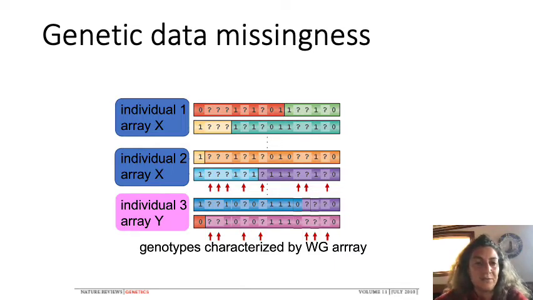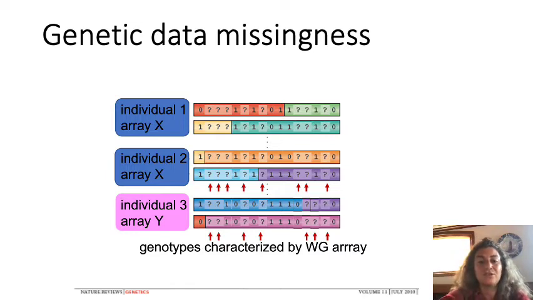The first two are typed on array X, and the third one is typed on array Y. Hence they have different missing data points, and when you try to pool their data for a pooled analysis or for meta-analysis, you are going to have even more missingness because of the non-overlapping positions, and you will not be able to replicate findings from one dataset in the other one.